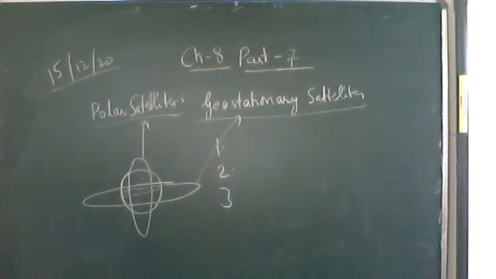Now we'll discuss a few uses of these satellites. First draw the figure. These polar satellites will complete a number of revolutions in a day around the Earth above the poles, whereas geostationary is completing only one revolution in a day.